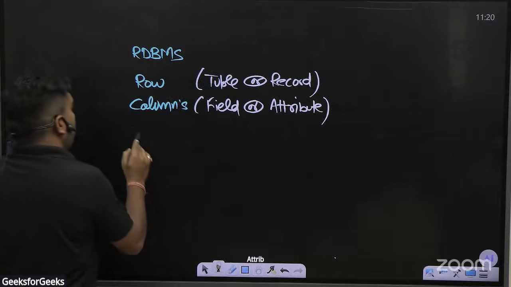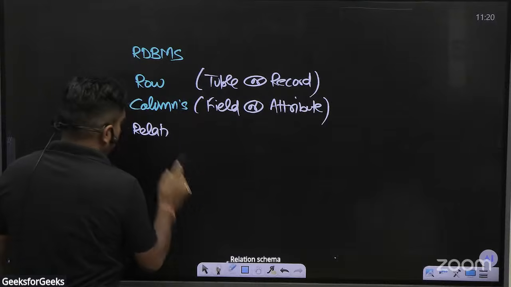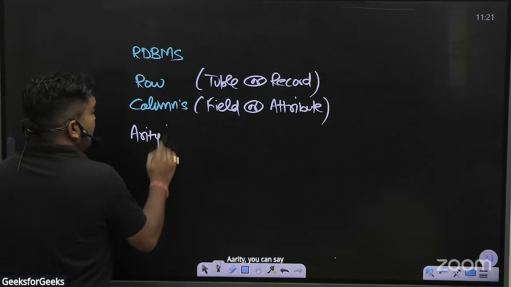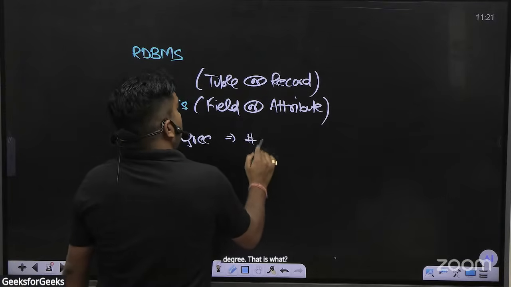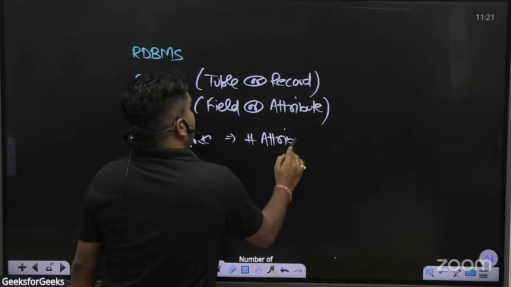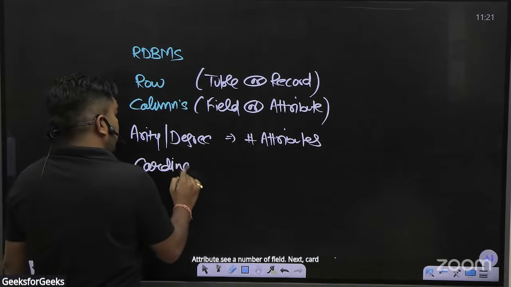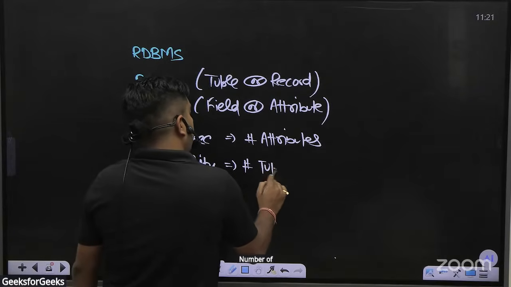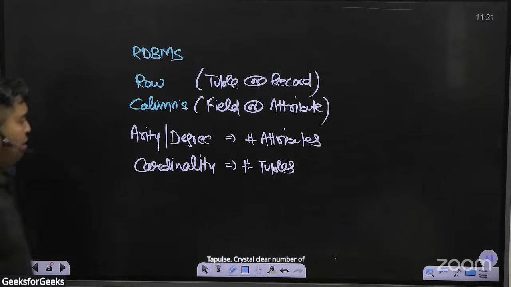After that, we have relation schema. First, arity, you can say degree. That is the number of attributes, the number of fields. Next, cardinality, the number of tuples. Crystal clear?